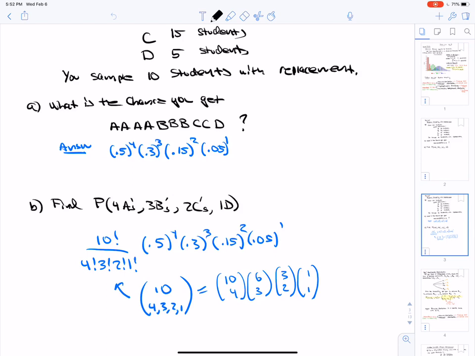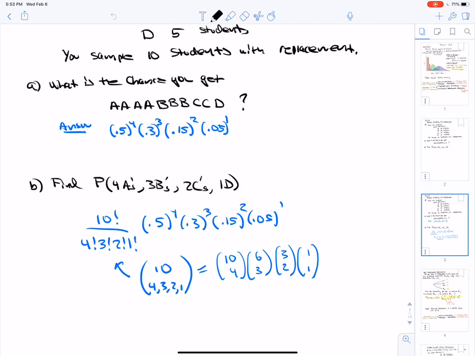But the 4 A's are interchangeable, as are the 3 B's, 2 C's, and a D. So we need to divide by 4 factorial, 3 factorial, 2 factorial, 1 factorial. And each permutation has the same probability, namely 0.5 to the 4th, 0.3 cubed, 0.15 squared, and 0.05 to the 1.